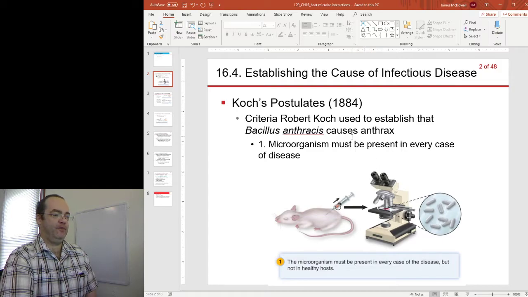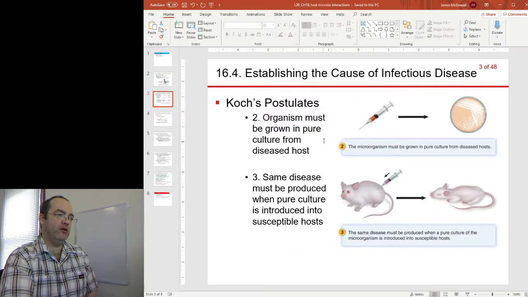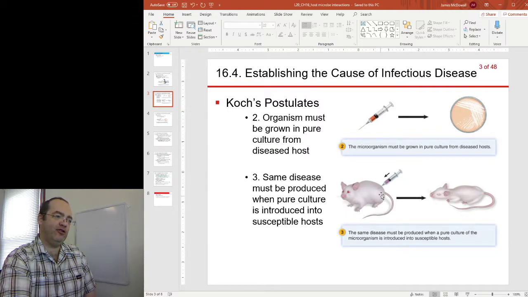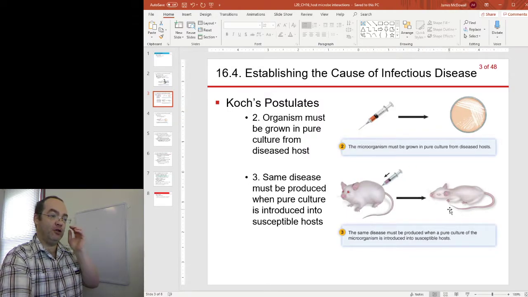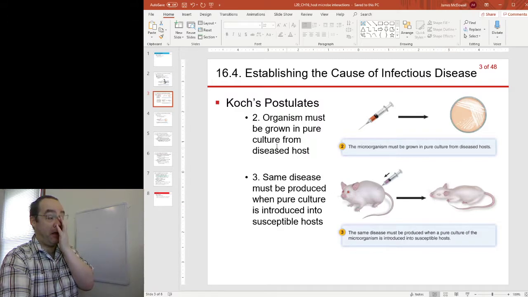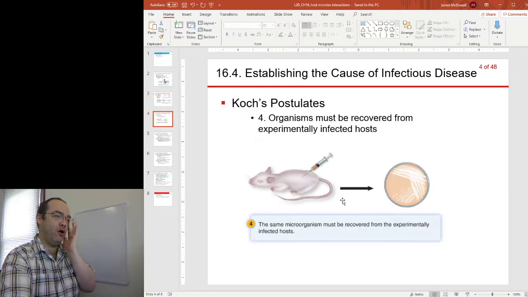So if a host has a disease, then it'll have the microbe, grown in pure culture, the microbe from that pure culture introduced to a new host. The new host gets the disease. The new host is found to have the microbe in it.